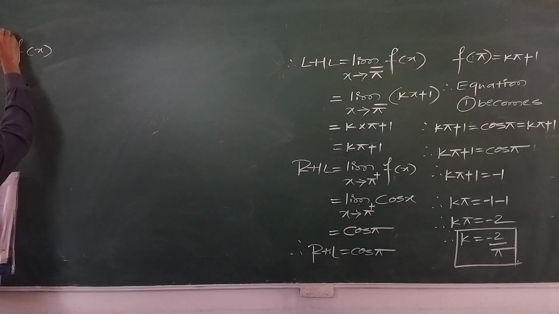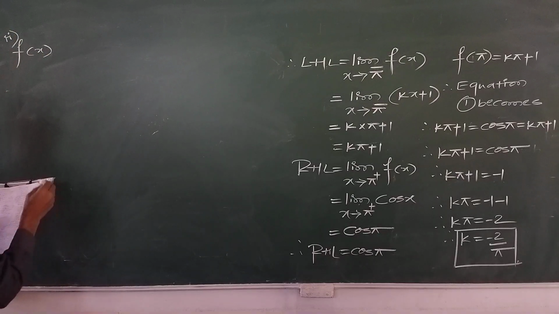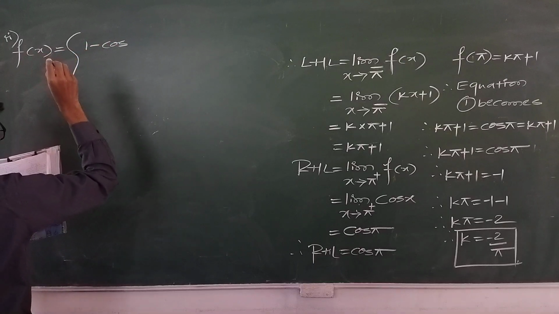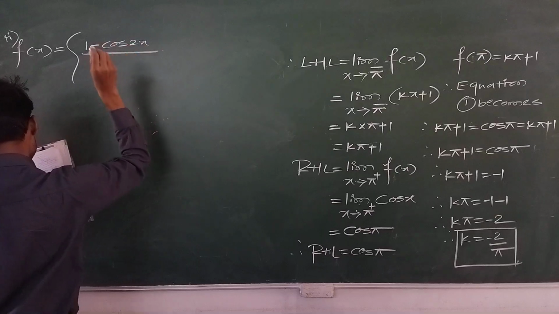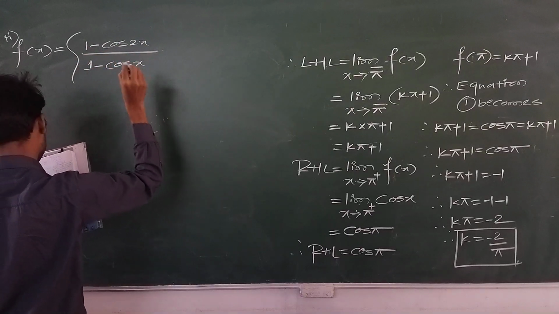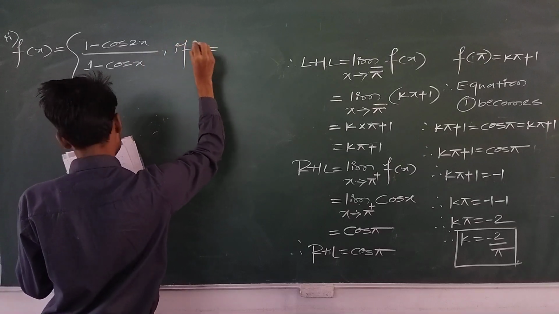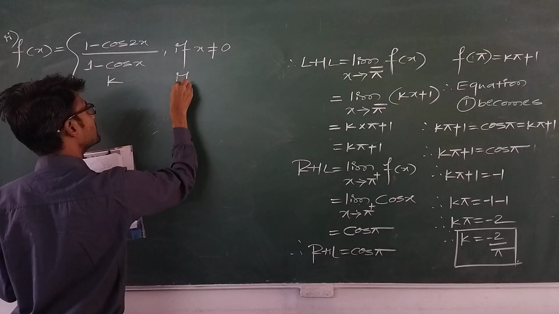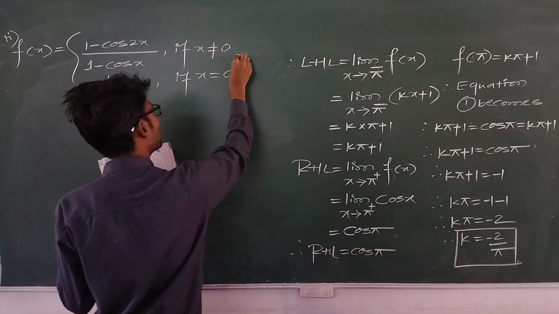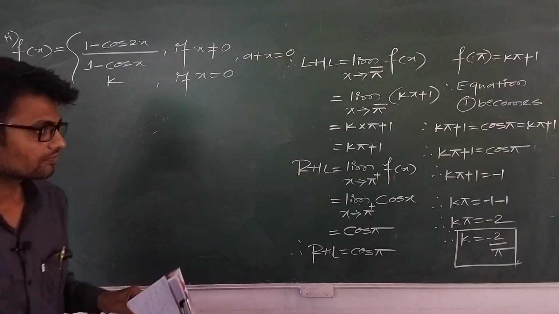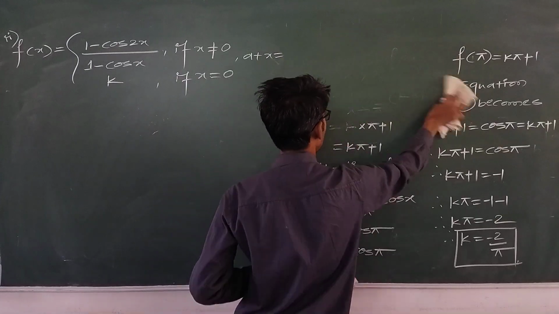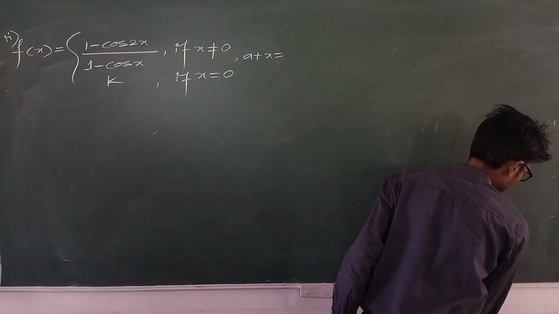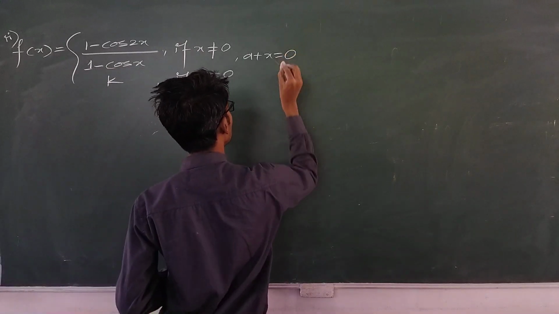We are having the second example: f of x equal to 1 minus cos 2x divided by 1 minus cos x if x is not equal to 0, and it is k if x equal to 0, and already they have given that the function is continuous at x equal to 0.